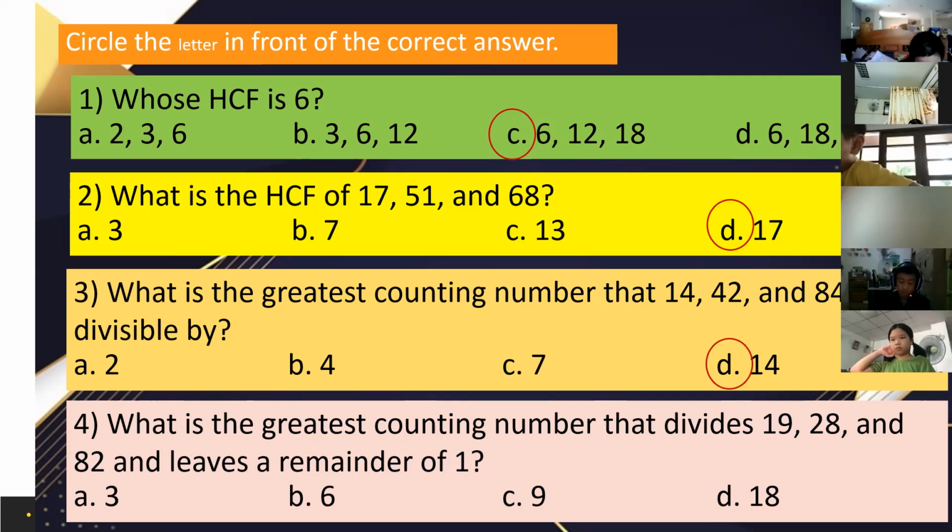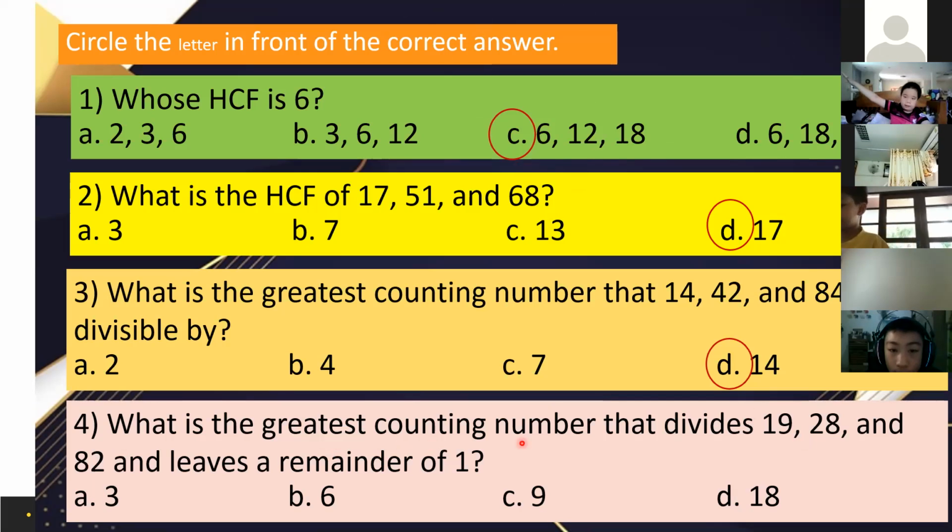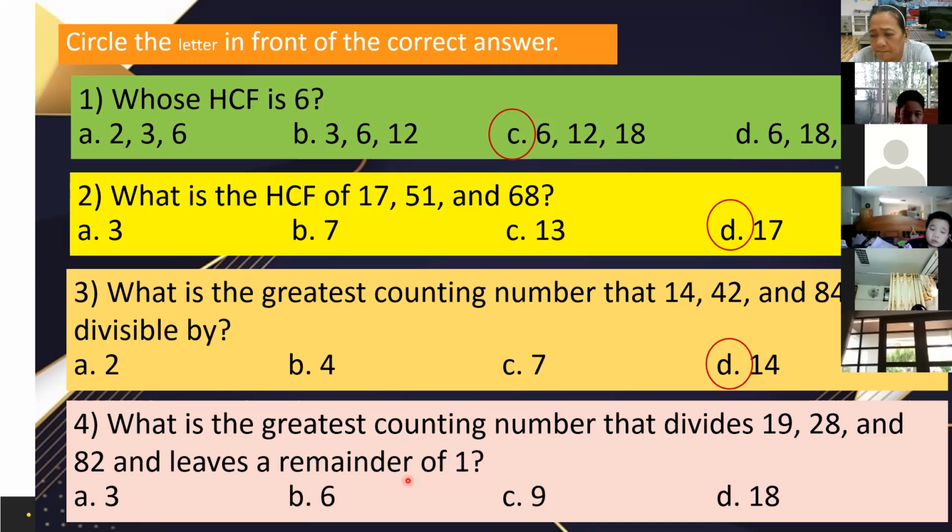In 19, 28, and 82, the greatest counting number that leaves a remainder of 1. B? Are you sure, B? Okay.